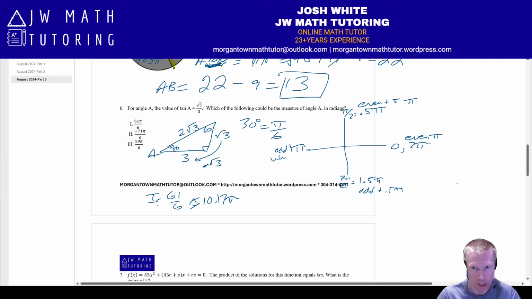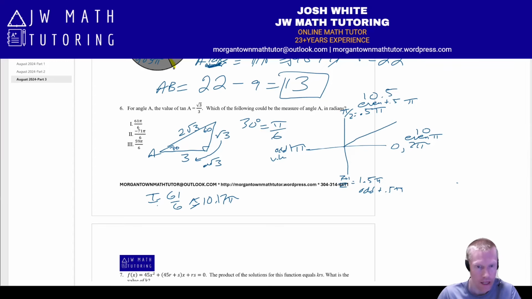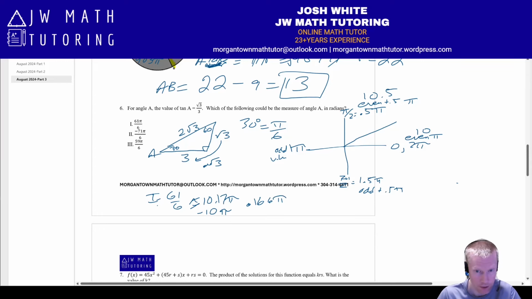Well, it's going to be between 10 pi and 10.5 pi, so it's going to be here in quadrant 1. And specifically, if you subtract 10 pi from it, you're going to be left with 0.166 repeating pi, which is equivalent to pi over 6.